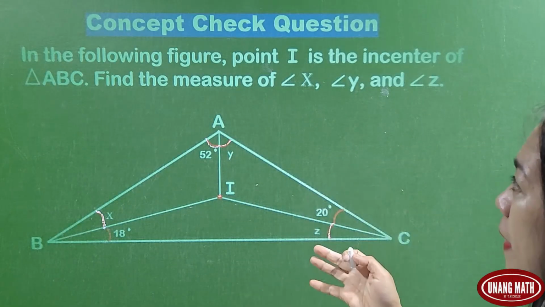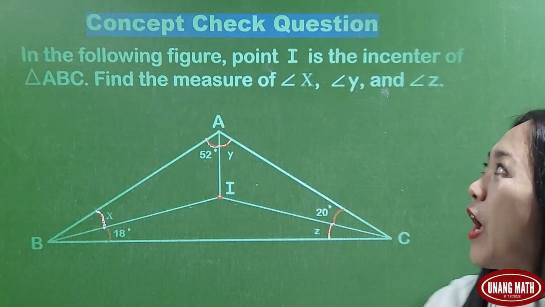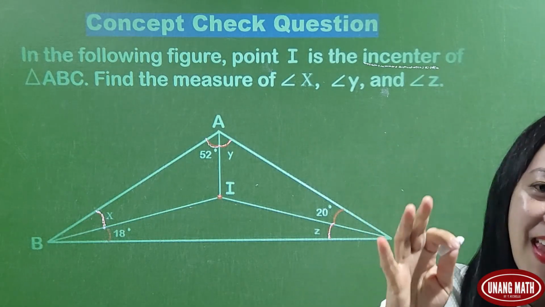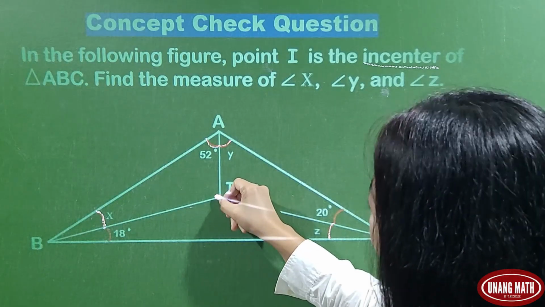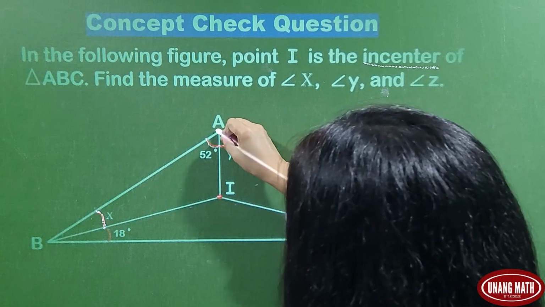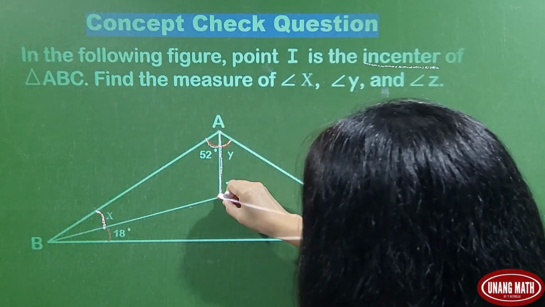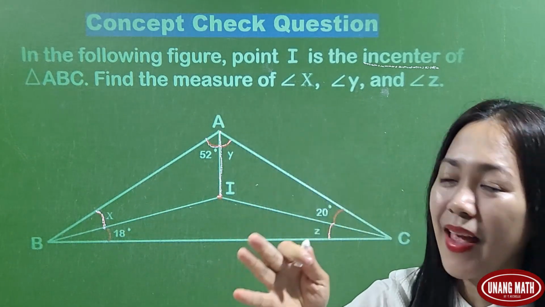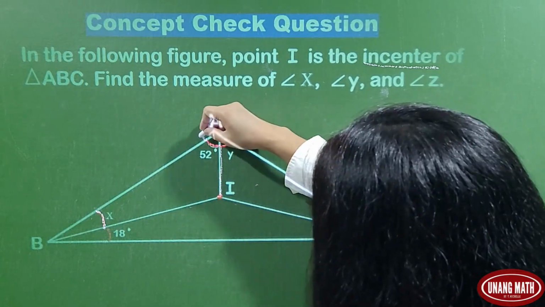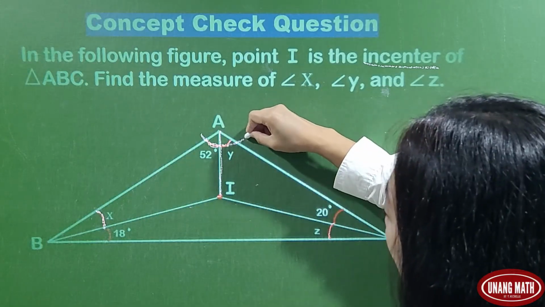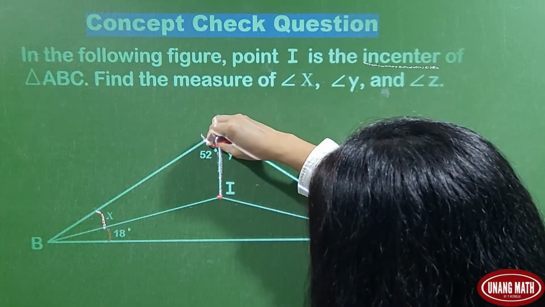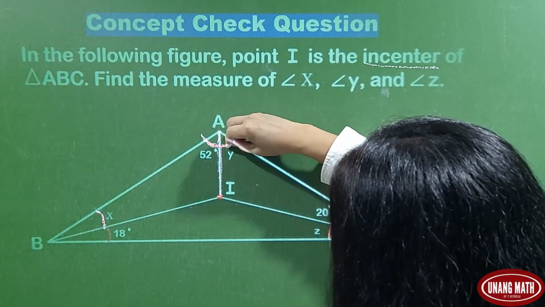If we go back to the meaning of incenter, this is the point where the angle bisectors meet. And from the word angle bisector, it cuts or bisects the angle into equal angles. So this is our angle bisector. This angle is equal to this angle.